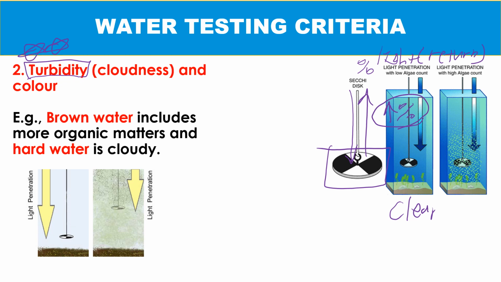On the other hand, if you have a lot of algae, a lot of brown water, because it has a lot of organic compounds inside, then turbid water will have a low percentage. And that really depends on how polluted or how brown the water is.